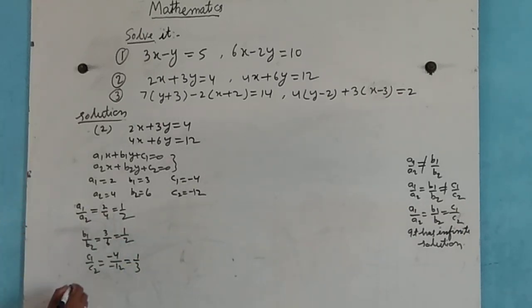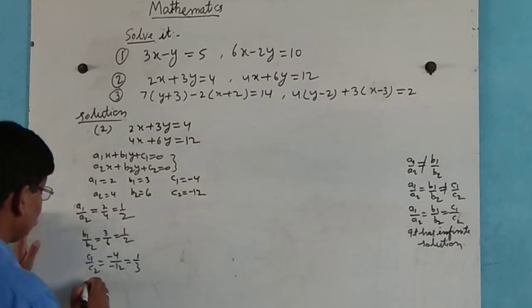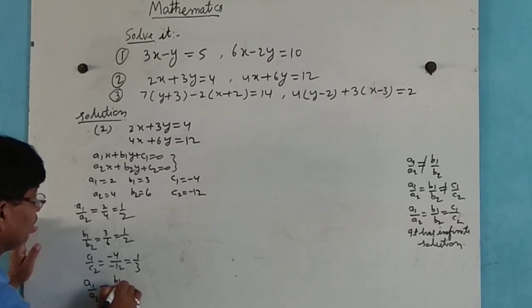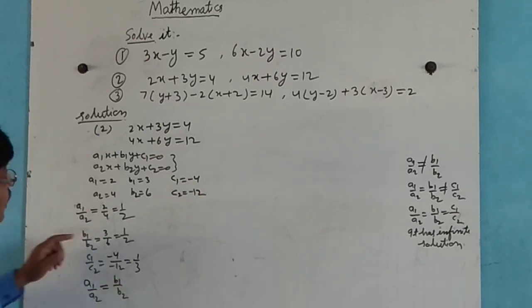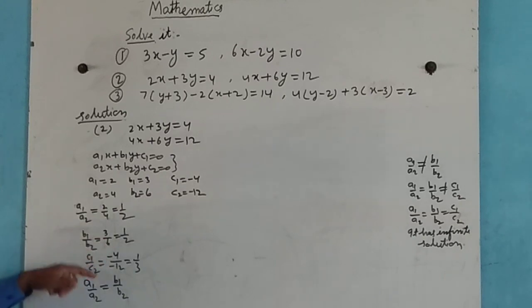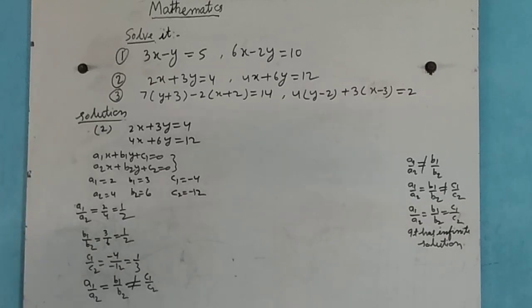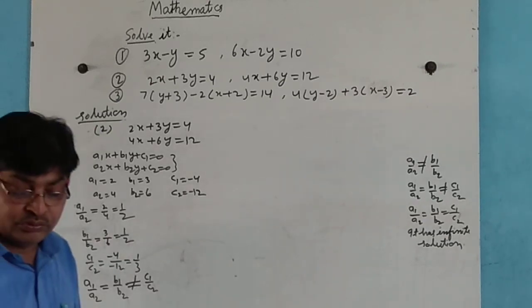Now these conditions show that a1 by a2 equal to b1 by b2 does not equal to c1 by c2.